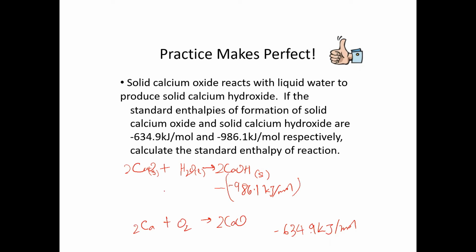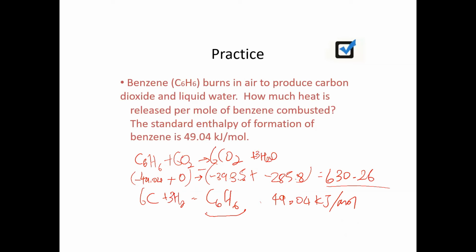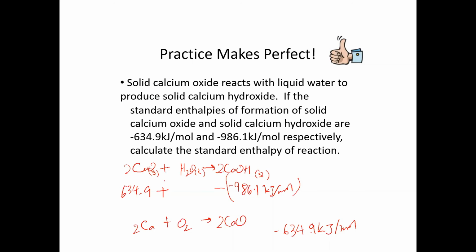We'll just minus the sum of CaO and water. So we have CaO here. We'll just inverse this because now it's a reactant, 634.9, plus, what was water before? It was negative 285.8, so we inverse that, 285.8.